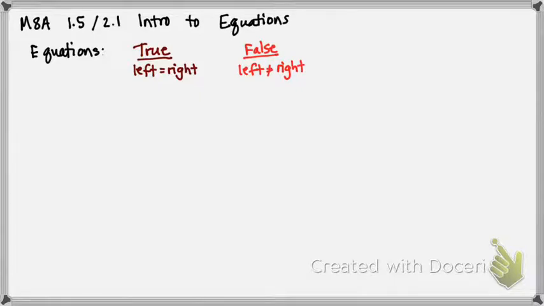And then we have this fun little guy called open. And open means it contains a variable. And because it contains a variable, that means we don't know if what's on the left is equal to the right unless somebody tells us what the variable equals, and then we can figure that out. Okay? So, how do we solve an open equation?